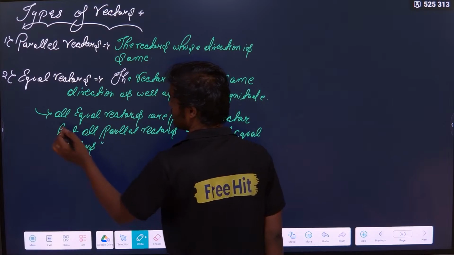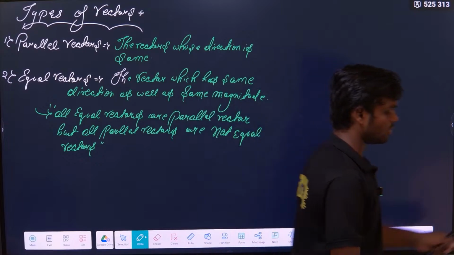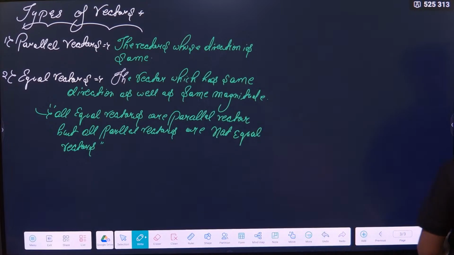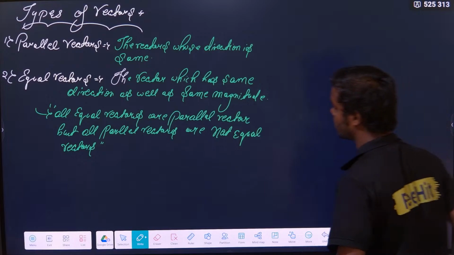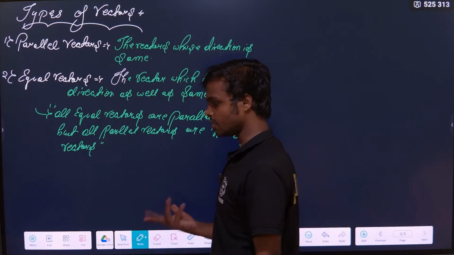Correct? So I can say equal vector is a subset of, or you can say it is a child of, a parallel vector. Simple. Okay.